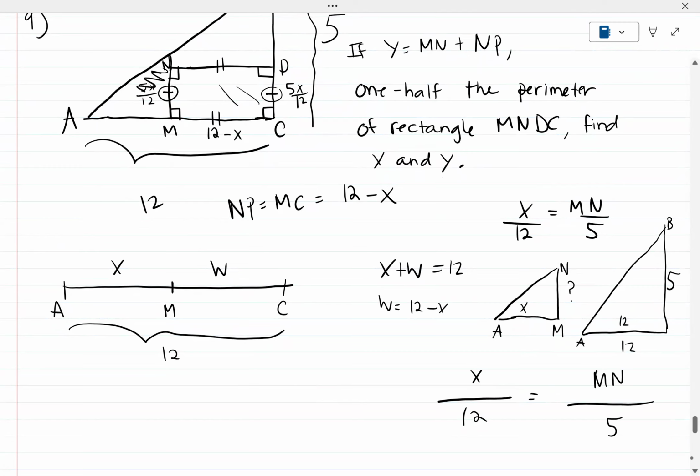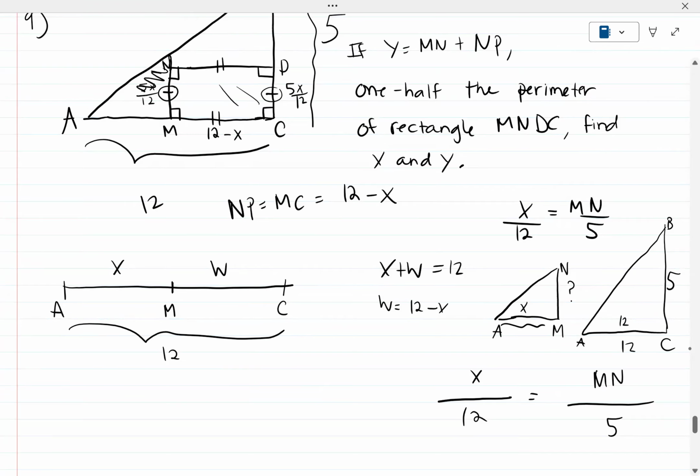So we have two unknowns: X, this length AM, and AC is 12, and MN is MN, and BC is 5.